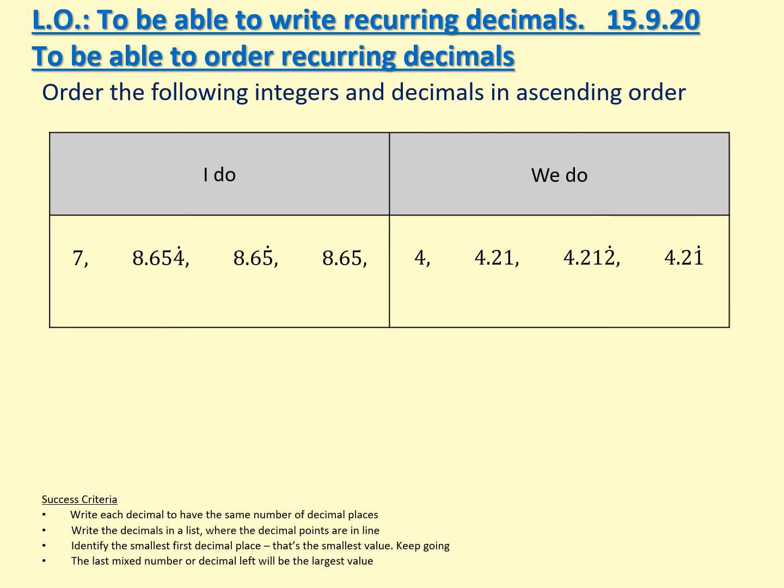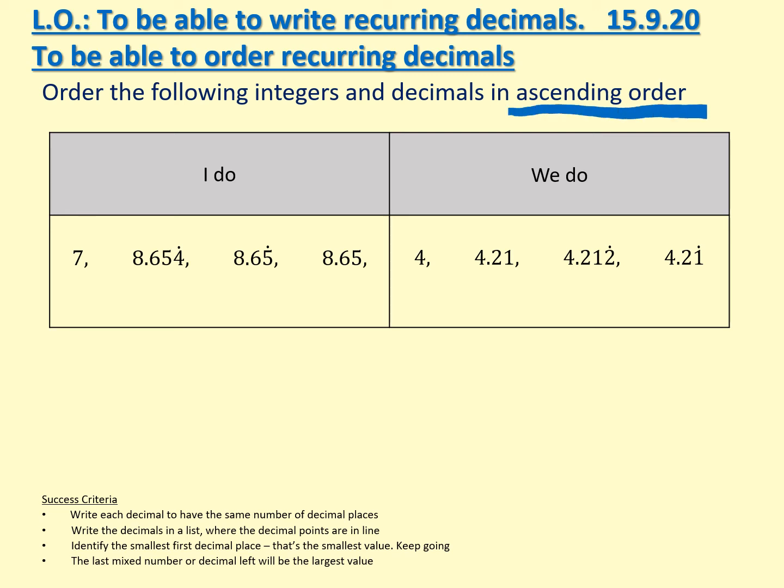We know how to write recurring decimals now, so we will use this to complete our second learning objective, which is to be able to order recurring decimals. So first I will do one example, then you will do another one in your books. So we have to order the following integers and decimals in ascending order.